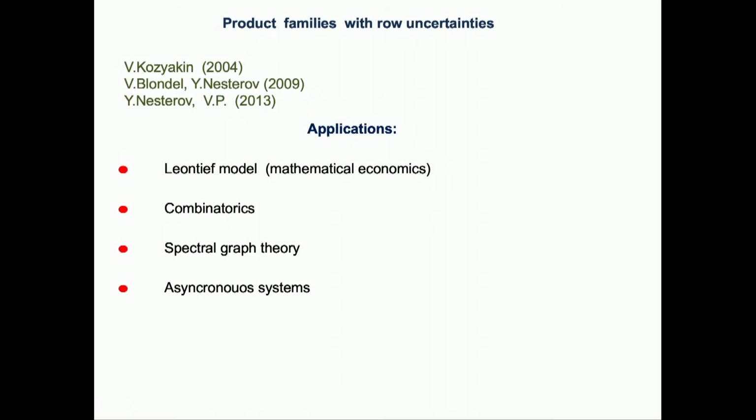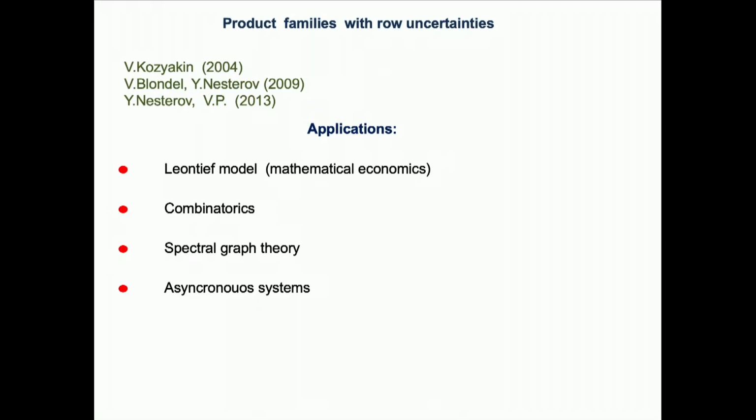The product families with row uncertainties have been considered in different contexts. For example, Viktor Kozyakin applied these problems to so-called asynchronous systems. And one of the most natural applications is the Leontief input-output model in mathematical economics and so on.